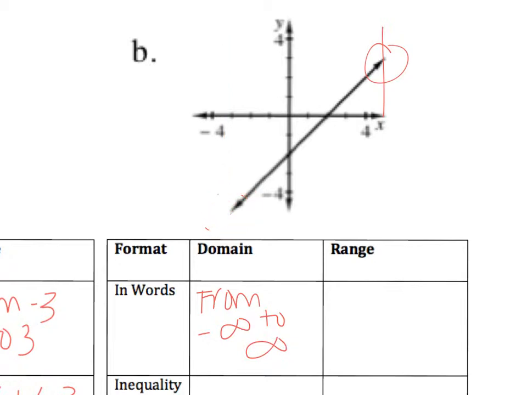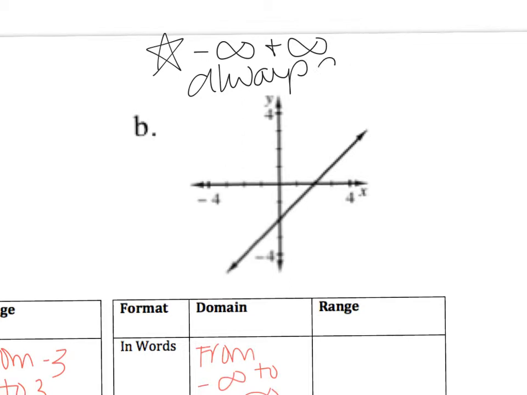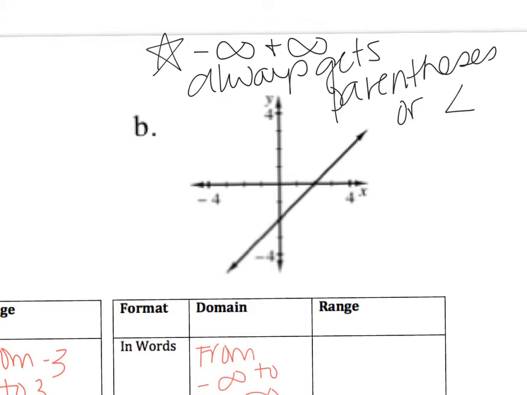So, let me just erase this here. When you have infinities, you always use parentheses. So I'm going to make a note up here that negative infinity and infinity always get parentheses or less than symbol.